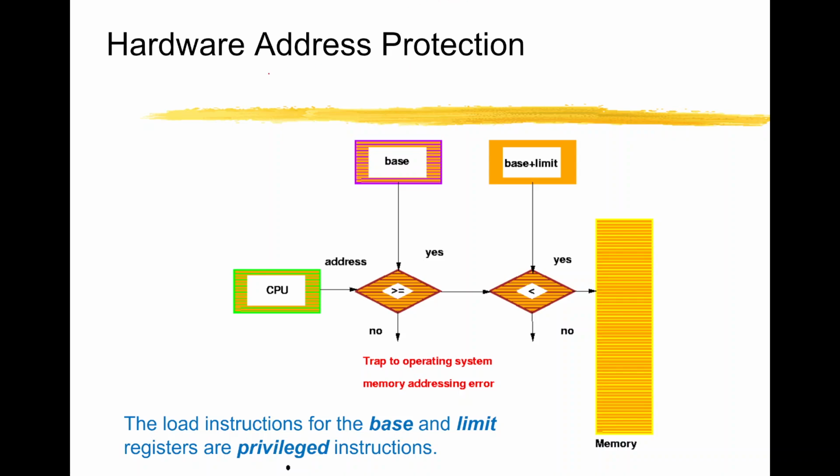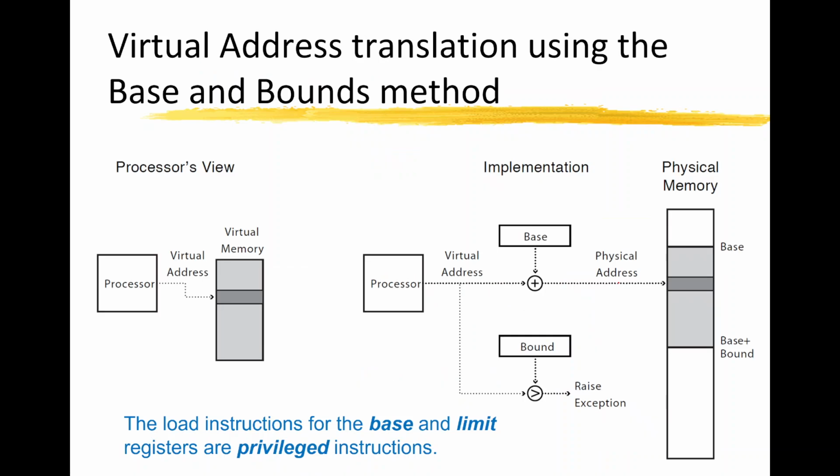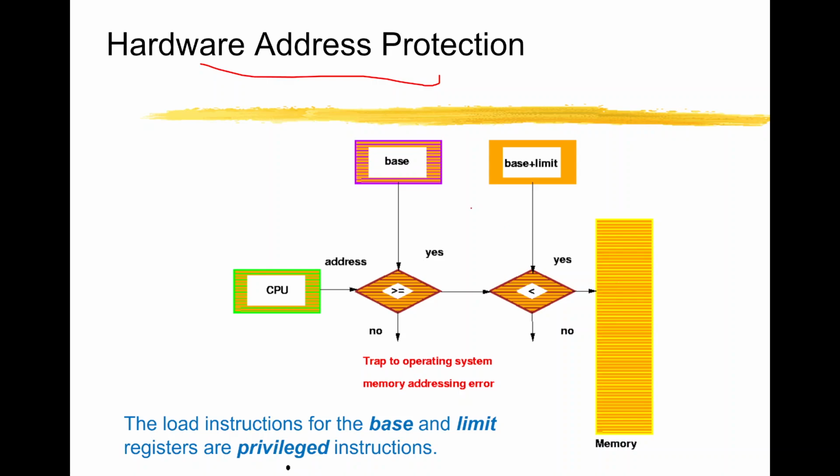We now look at hardware address protection, where we are looking at our CPU. Remember, we just gave an example of how it ensures that it picks something from the right place and brings it back. Similar to that, the CPU checks the address, and if the address is within the limit of this physical address, then yes.